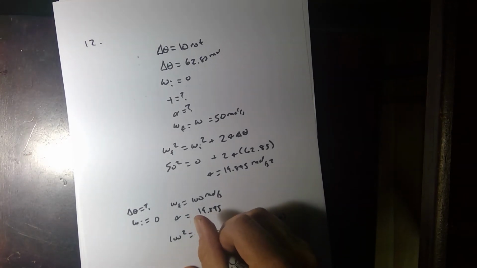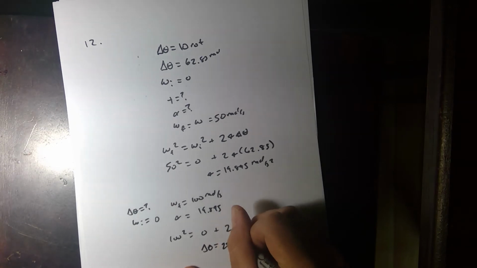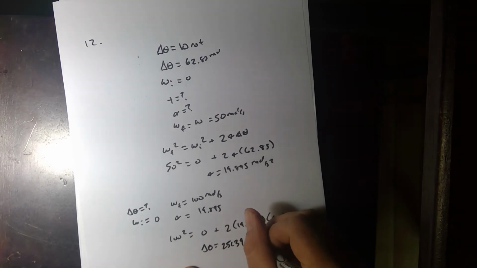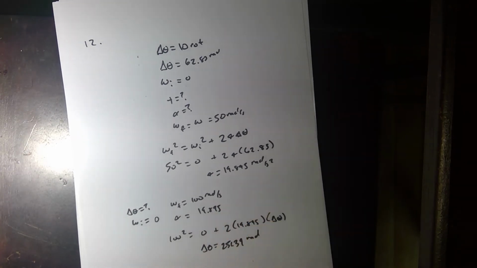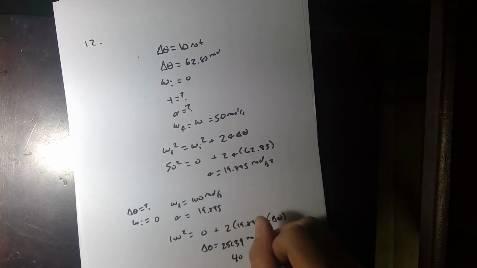I get delta theta equaling 251.39 radians. Now, how many rotations is that? If I divide that by 2 pi, that's basically 40 rotations.